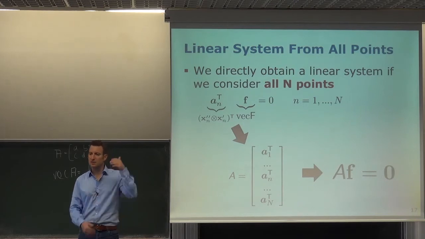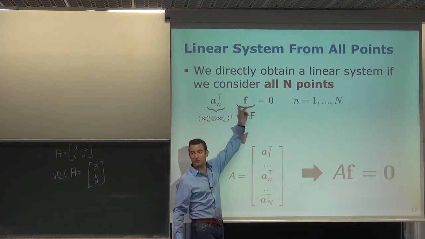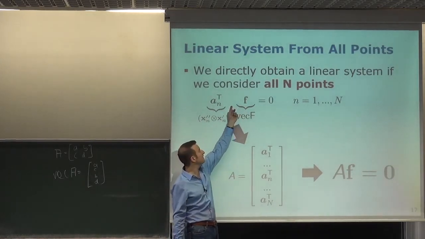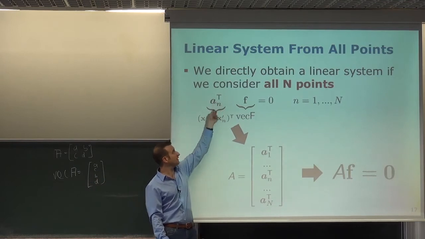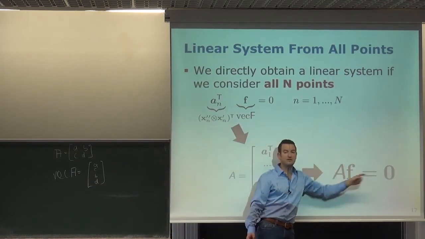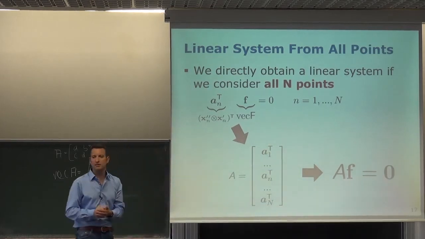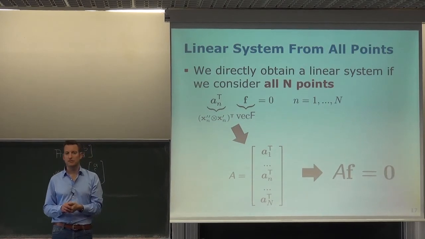And so if I have n corresponding points, I get n of those products. And I can simply rewrite this again by taking those vectors and putting them into matrix form, and then multiply A with f equals 0. And this is my coplanarity constraint for all the corresponding points.